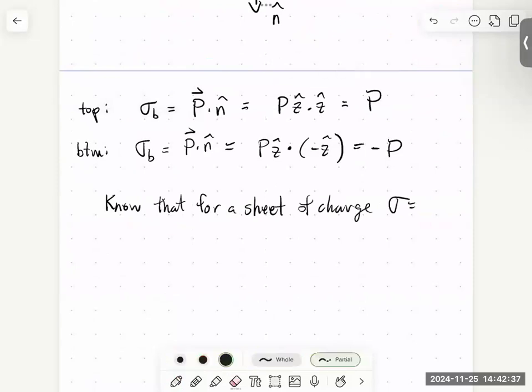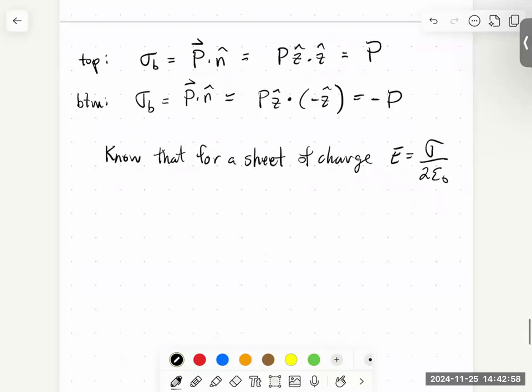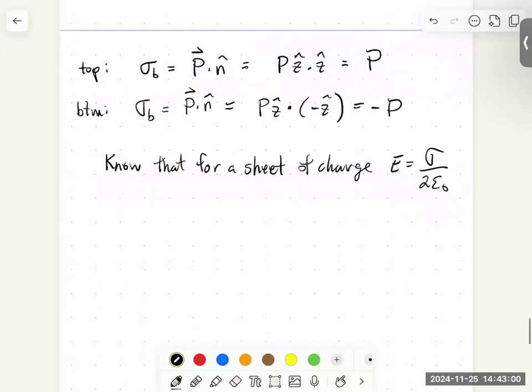So we've essentially made a capacitor of bound charge. The material itself is neutral. We've just polarized it so that there's a collection of positive charge at the top and a collection of negative charge at the bottom. And so it's like a capacitor, and the electric field that we get is exactly the electric field of a capacitor.